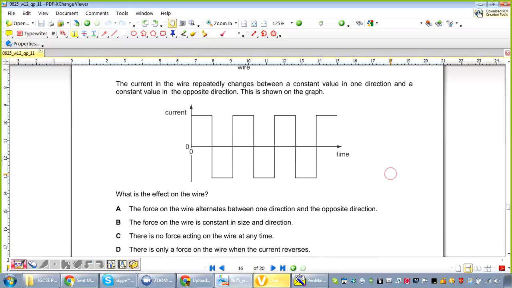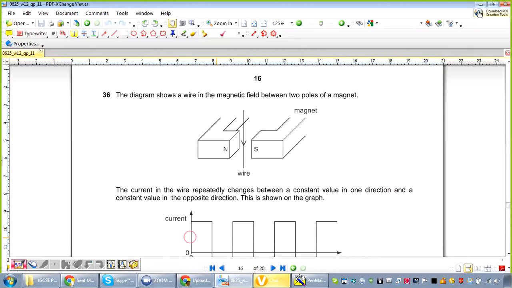The current is changing. No, the force will keep on changing because at one instant the current is flowing down, at another instant the current is flowing up. So at one instant it will be pushed in this direction, at another instant it will be pushed in the other direction, because the direction of current is continuously reversing.